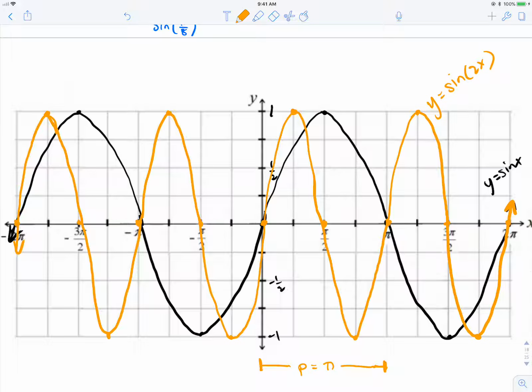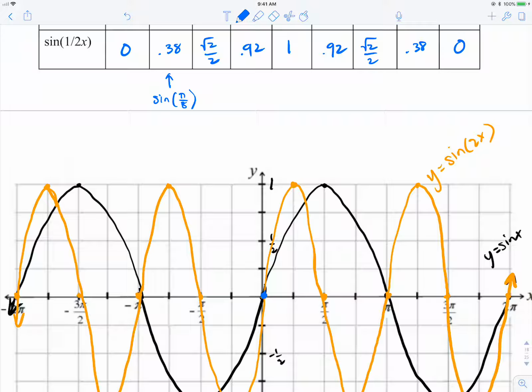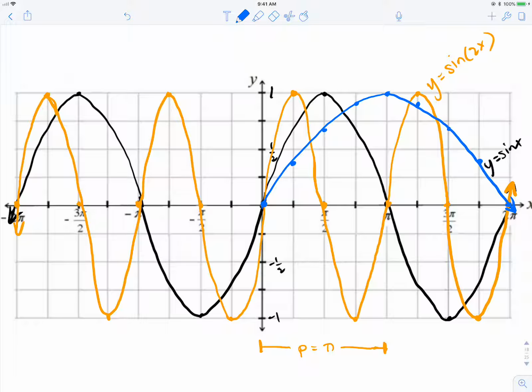Okay, and then now we can graph sine of 1/2 x. Oops. Okay, so we can see we can't even fit a full period, or from 0 to 4 pi, on our graph, but we can still extend the graph into the negative direction.